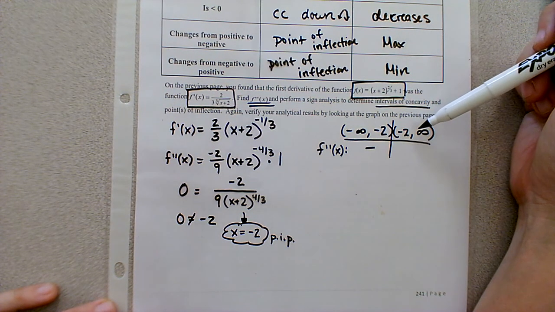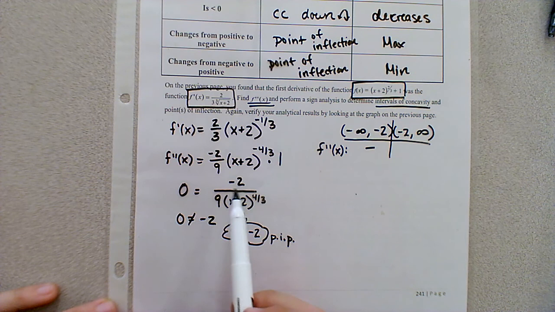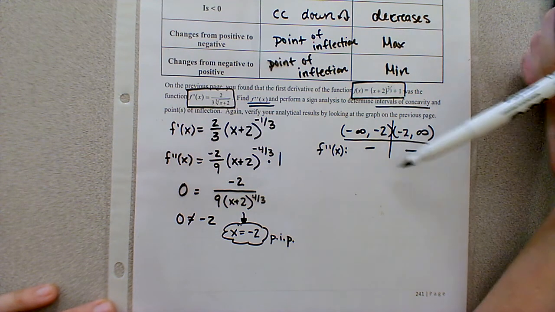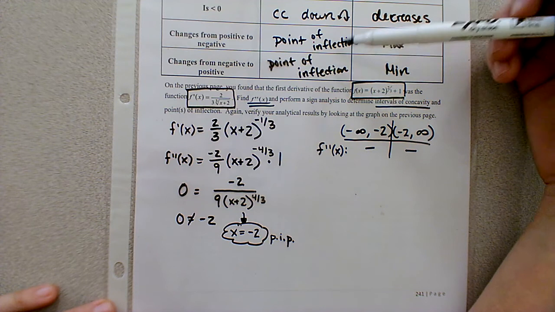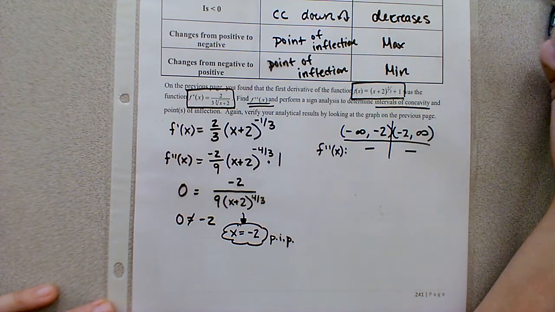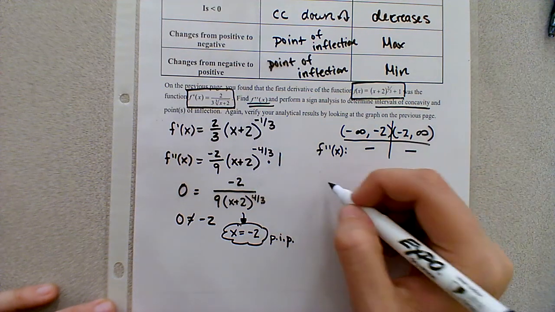Similarly, if we plug in something in the next interval like 0, we'll have 2 raised to this power, which would be a positive number, times 9 is still positive, but we'll have -2 divided by that value, so that is still negative. So looking at our sign chart, we do not have any sign changes, so that means we do not have any points of inflection. And looking at the signs more specifically, it looks like we're concave down on these specific intervals.